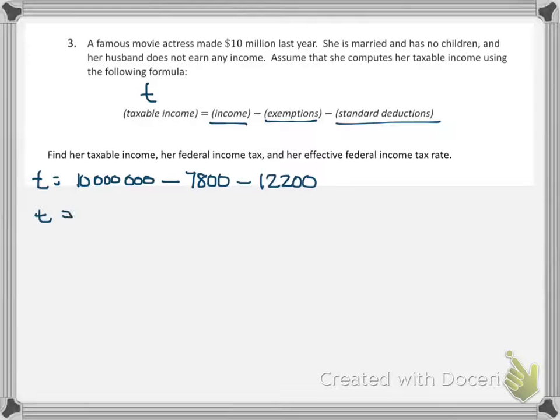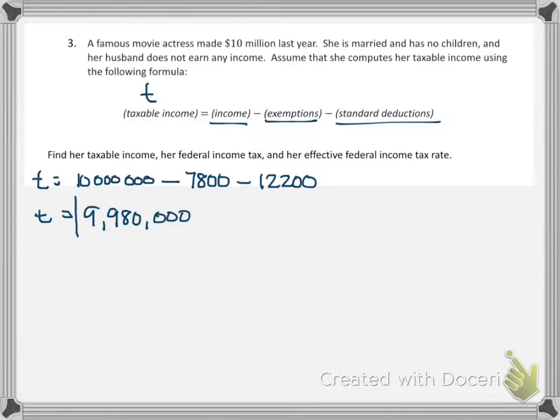When I do all of this subtraction, it gives me the taxable income. So taxable income is 10 million minus 7,800 and then minus 12,200, and we get 9,980,000. That's the taxable income.